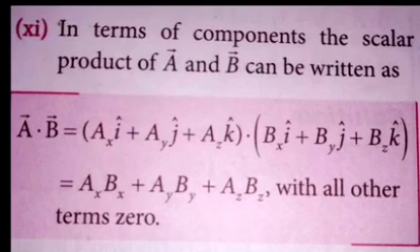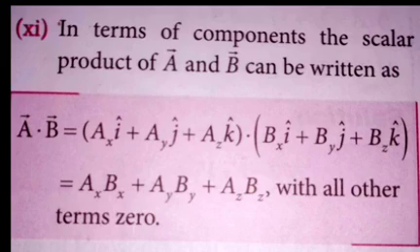And the last property, in terms of components, the scalar product of A vector and B vector can be written as follows, students. Now the A vector and the B vector are written in the Cartesian coordinate system, x, y, z axes. The A vector is represented as ax i cap plus ay j cap plus az k cap. Likewise, the B vector is represented as bx i cap plus by j cap plus bz k cap.